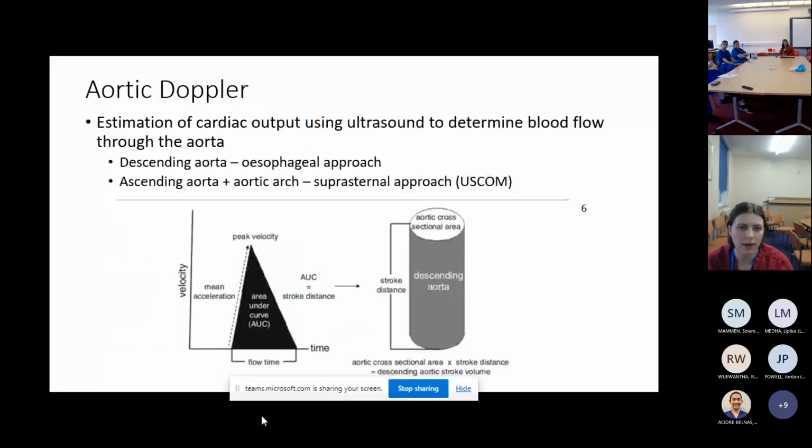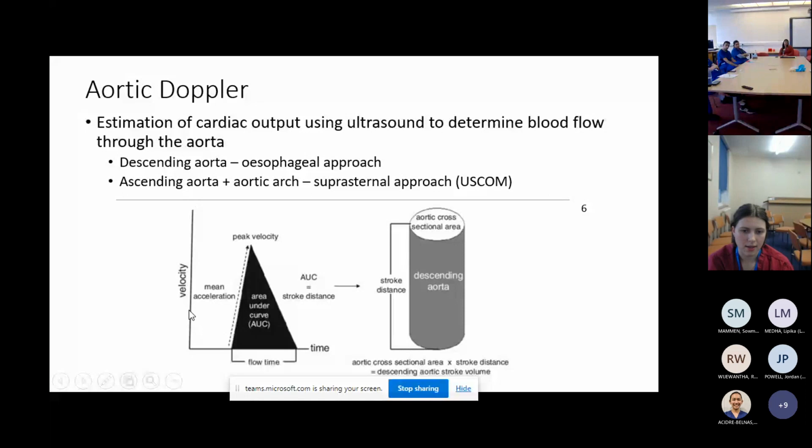So I'm just going to briefly talk about aortic Dopplers as well. So this is using ultrasound to determine blood flow through the aorta. Basically, the ultrasound beams are reflected off the moving blood, and that corresponds to the velocity of the blood.